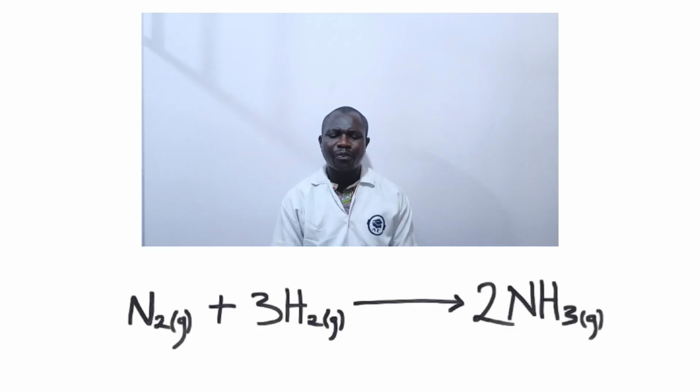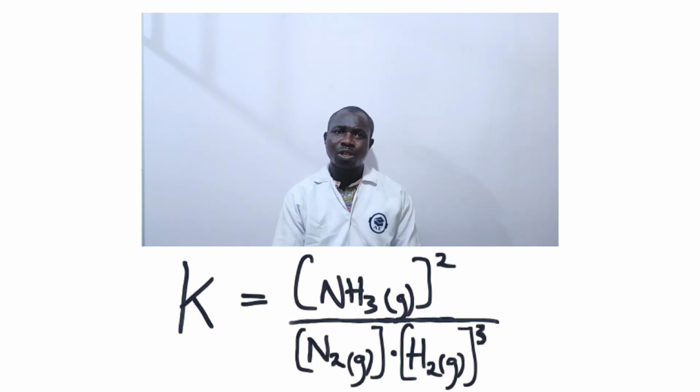Now let's proceed to some examples. If I have nitrogen gas plus hydrogen gas to give us ammonia gas, the state of the system is specified: gas, gas, gas. The equilibrium constant of that equation is going to be what? Product raised to its coefficient divided by what? Reactant raised to its coefficient. From the equation, what is the product? Ammonia is the product.